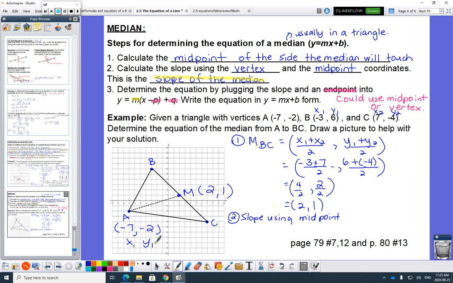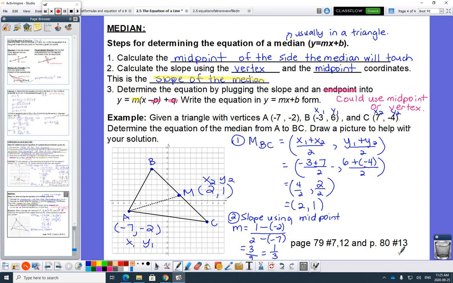Call this x1, y1, x2, y2. Okay, so we have the slope. That's the slope that we're going to use.